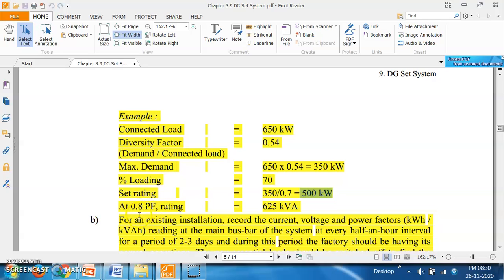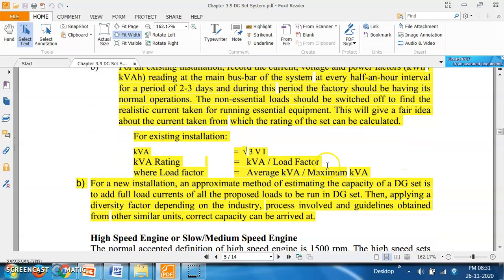So in this case, you need a bigger unit, that is 625 kVA you require to meet the 650 kilowatt of connected load, and for the maximum demand of 350 kilowatt you require 625 kVA. This is the calculation you require, right?